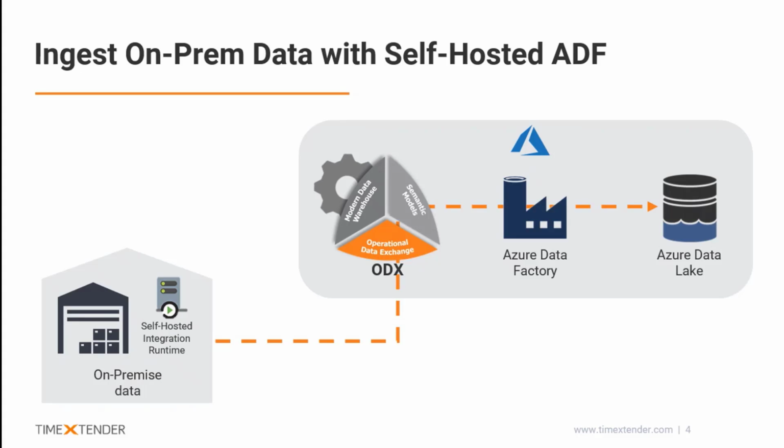Now, that self-hosted integration runtime is a part of the Azure Data Factory engine that gets installed on your on-premise server. And that allows Azure Data Factory to push the data, and that would be egress, right?